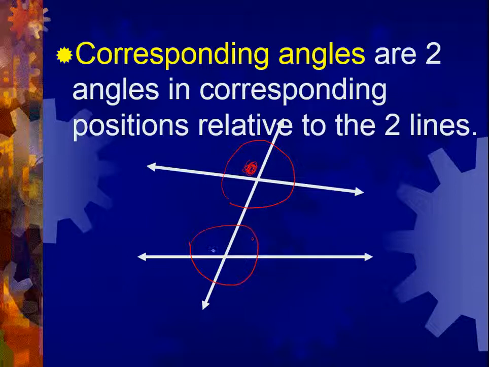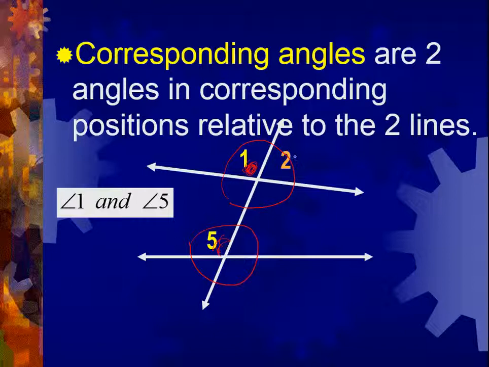So its corresponding angle is going to be the one that's in the upper left-hand corner of this circle. So these two would be corresponding. Same position, just in a different location. So angles 1 and 5 would be corresponding angles.